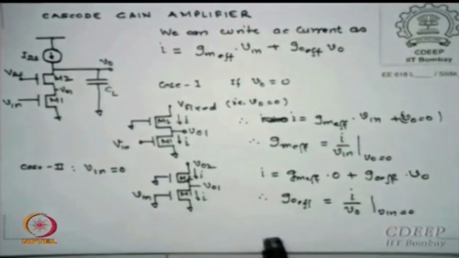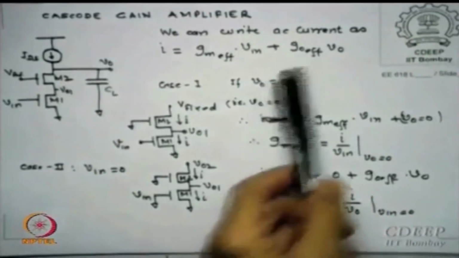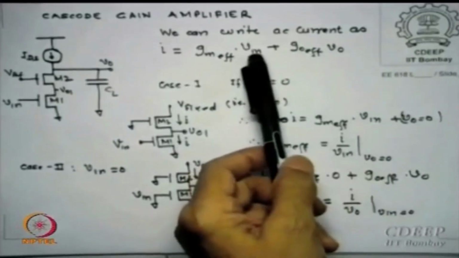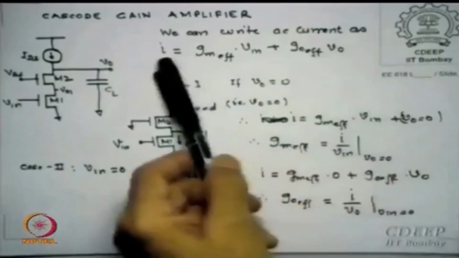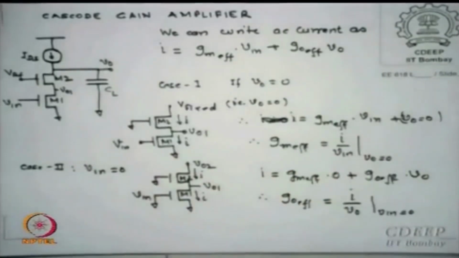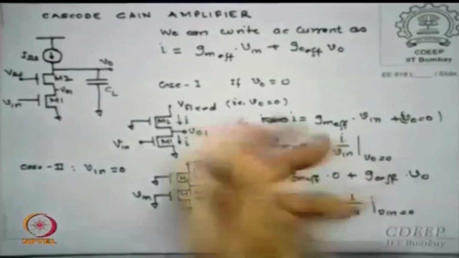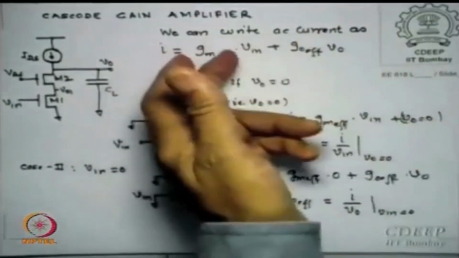Now similarly one can say if Vn is 0, then we figure out I by V0 is nothing but GO effective. Is that okay? Just either this 0 or this 0.